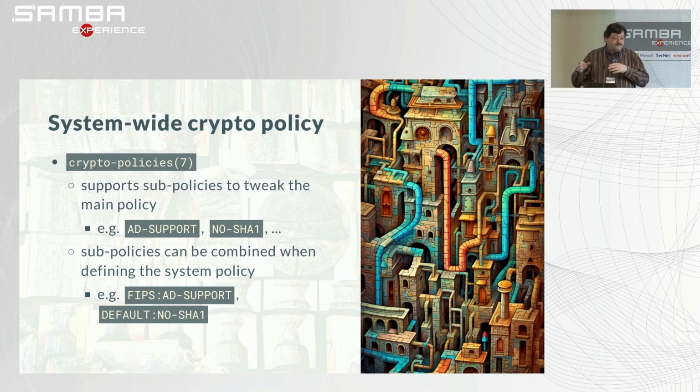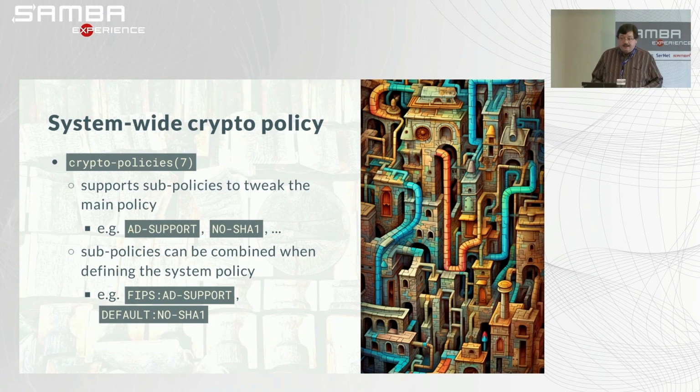Or you can use FIPS, and this is how we provide the ability to amend FIPS with AD support. AD support is a sub-policy that enables Kerberos encryption types that Windows supports, but doesn't enable RC4-HMAC, for example. So only AES stuff. So you can have these kinds of things.